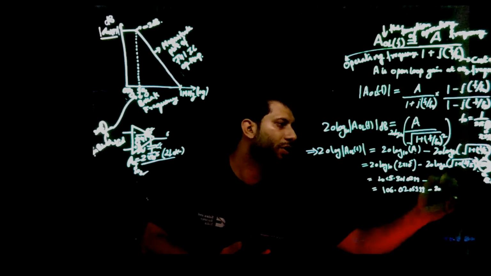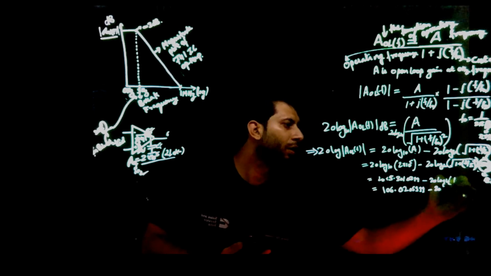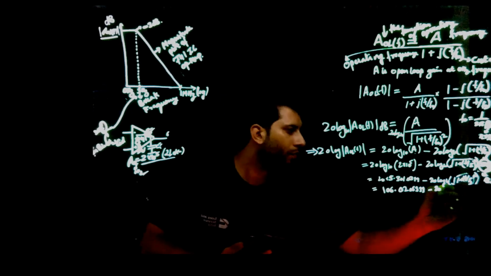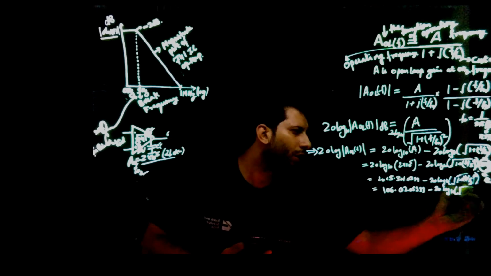Here we repeat this equation again, the rest part: log base 10 under root 1 plus (f upon 5) whole square.